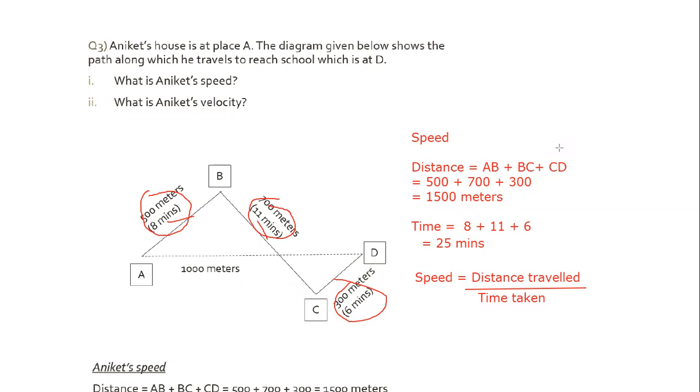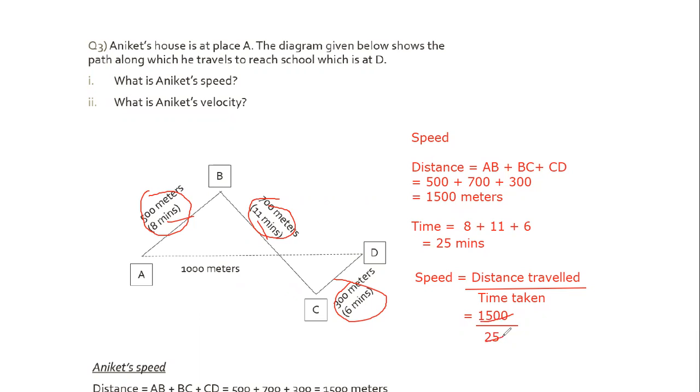Now we will put the values of distance and time in the formula. So what is our distance? 1500. What is our time? 25. We will put this in the formula. So what will we get? 1500 by 25. Now we will start solving this.